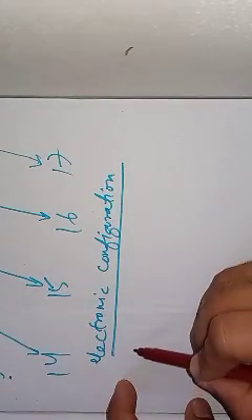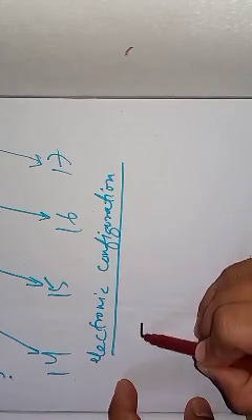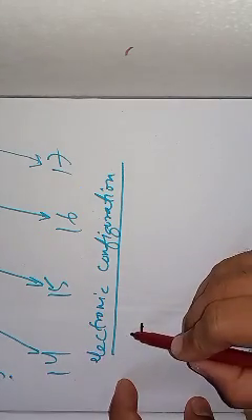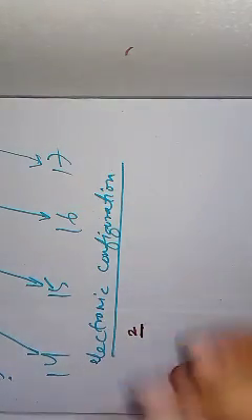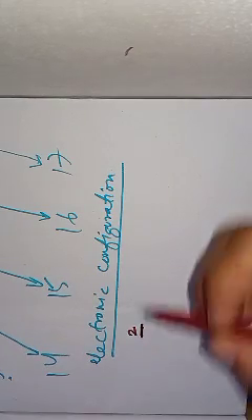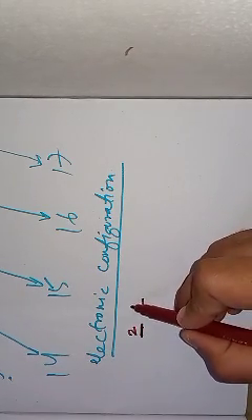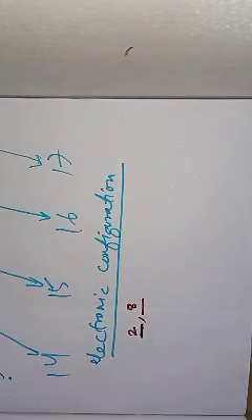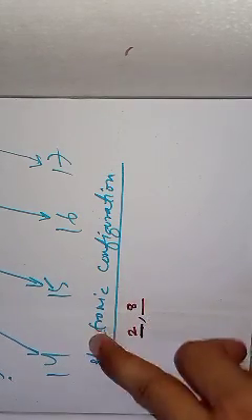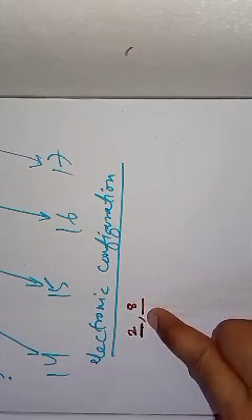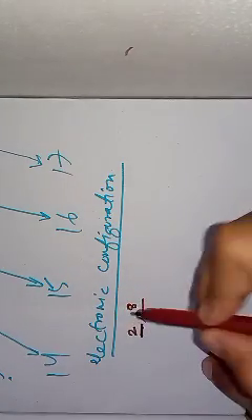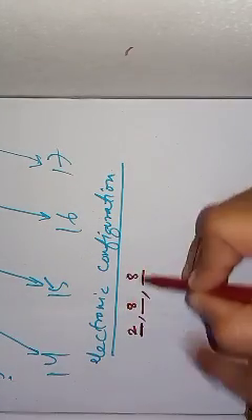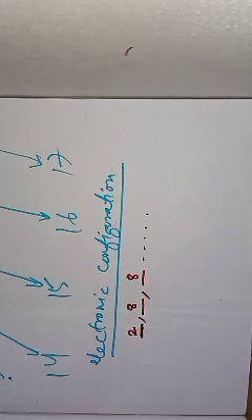The first shell will have 2 electrons. For each and every element, the first shell will have 2 electrons. Then you have to give 8 electrons to the second shell, okay, with a comma. So the first shell will have 2 electrons, the second shell will have a maximum of 8 electrons, the third will have a maximum of 8 electrons, and so on. This is the rule we have to follow for making the electronic configuration.